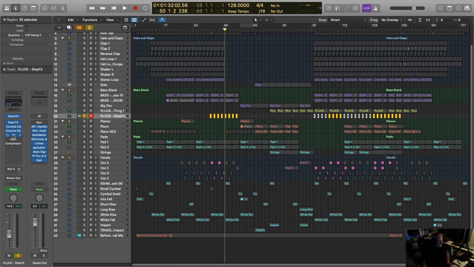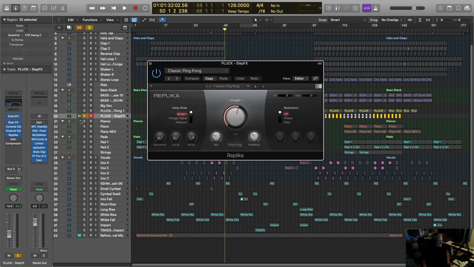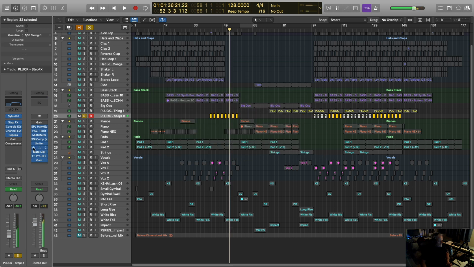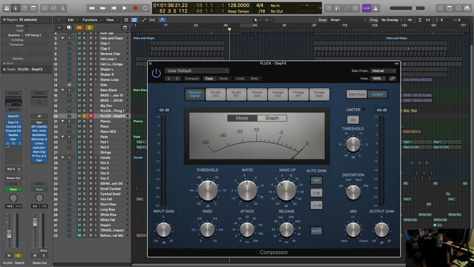Then I've got a Replica, which is a Native Instruments delay. Kind of smears things around even more. And I got a gain on there for, I guess, a little automation. And then I've got a compressor on here because it's a really unruly, very dynamic part.